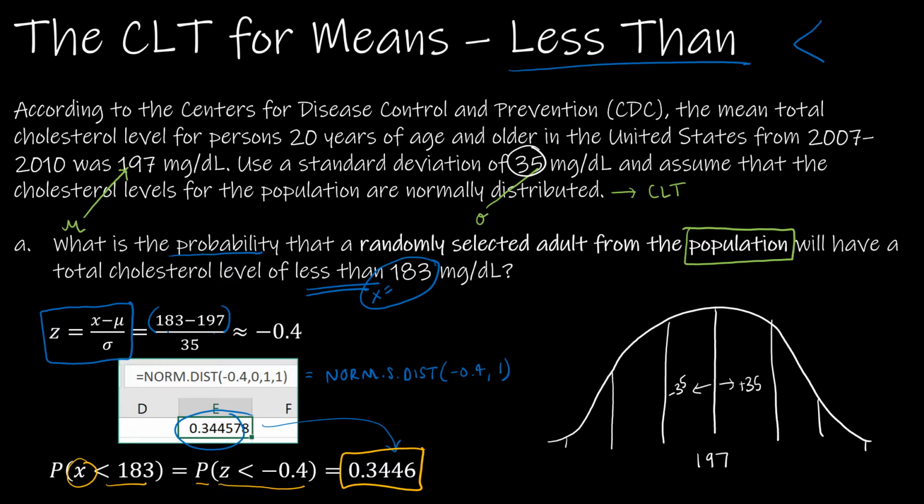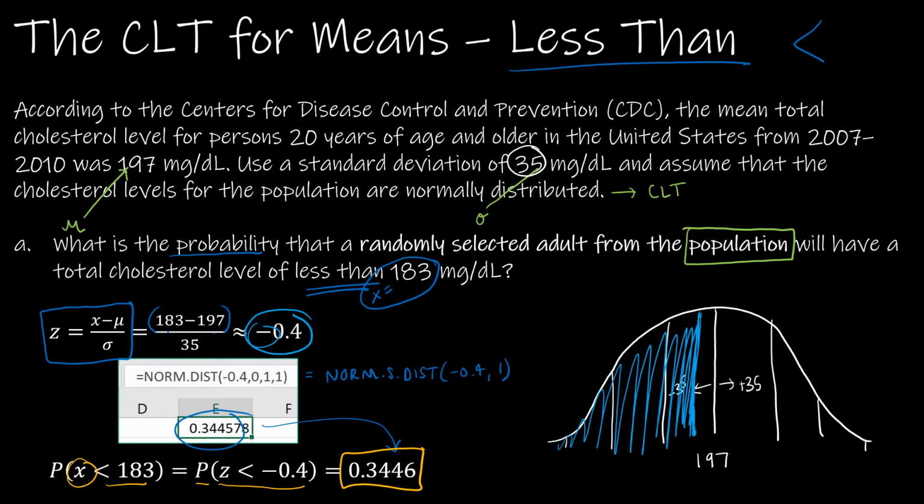And the z-score of negative 0.4 tells me that somewhere in here, to the left, negative saying to the left of our mean, is the position that I'm looking for, and then we're finding this area.